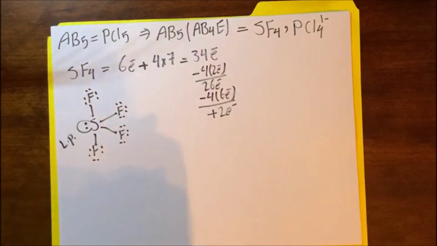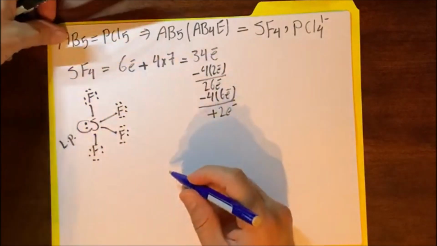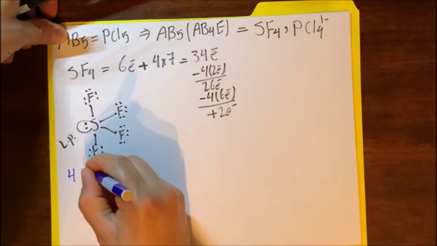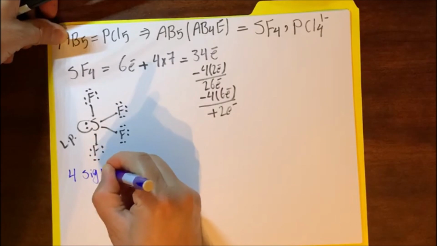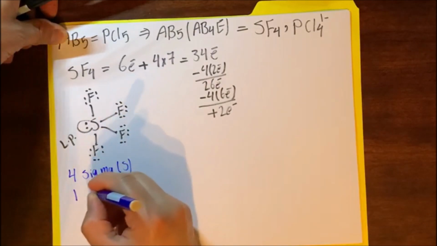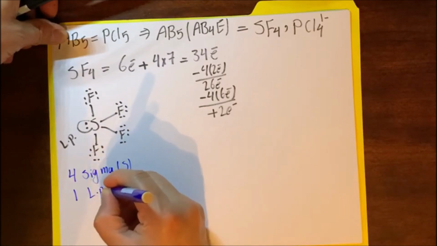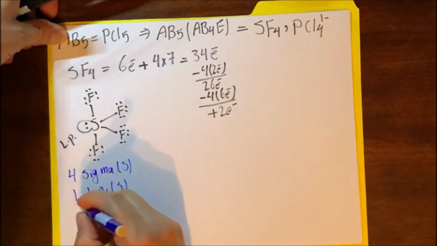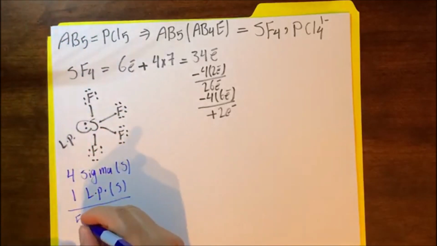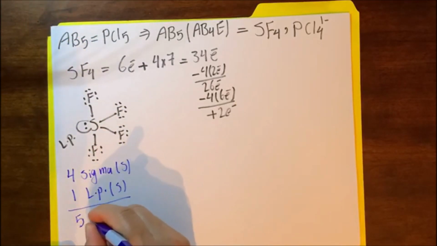Time to write the sigma bonds and lone pair. For the central atom, I see 4 sigma bonds on sulfur, and I see 1 lone pair on sulfur. This is equal to 5.